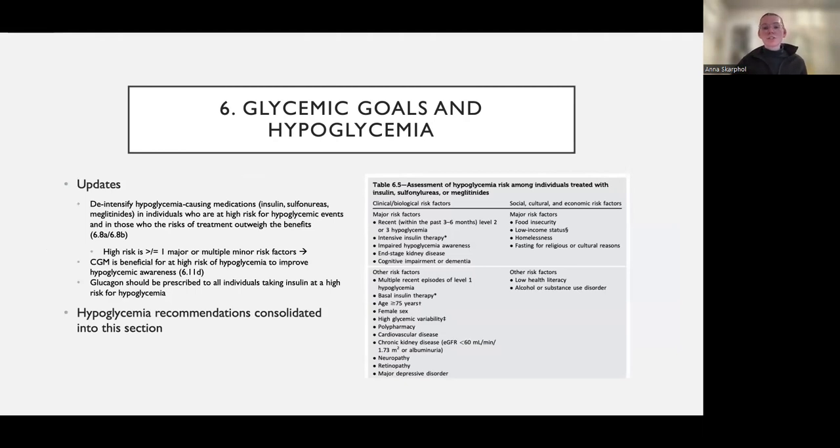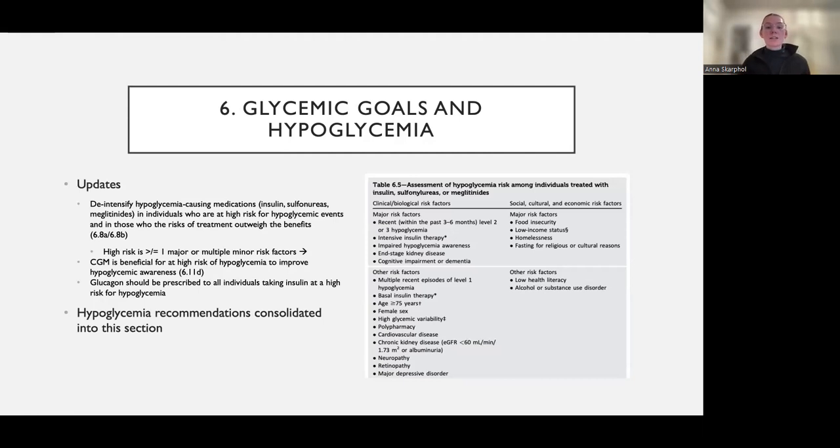There's all sorts of things that play into that, but things like intensive insulin therapy, end-stage kidney disease, cognitive impairment, and then also some of those social determinants of health, like food insecurity, low income status, homelessness, or fasting for religious reasons. Those can all play into hypoglycemia risk. And so that's something important for us to assess.